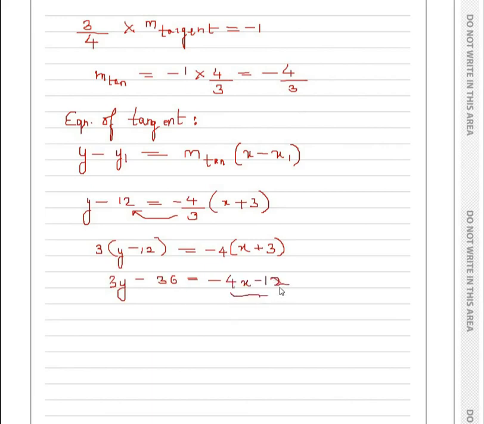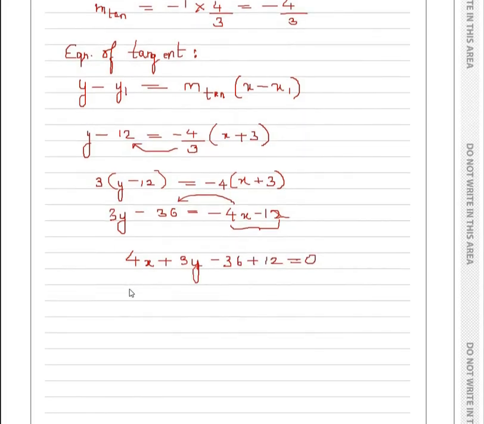Bringing these terms to one side, we get 4x + 3y − 36 + 12. Finally, we get the answer as 4x + 3y, and −36 plus 12 is −24, equal to 0.